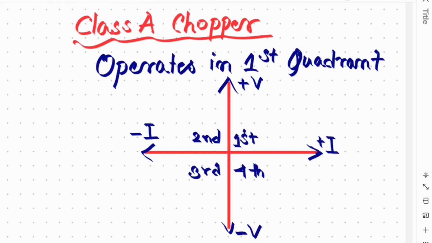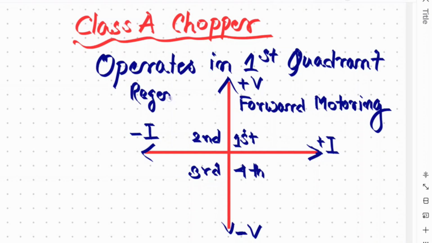Each quadrant represents a different mode. The first quadrant is forward motoring. The second quadrant is regenerative braking. The third quadrant is reverse braking.